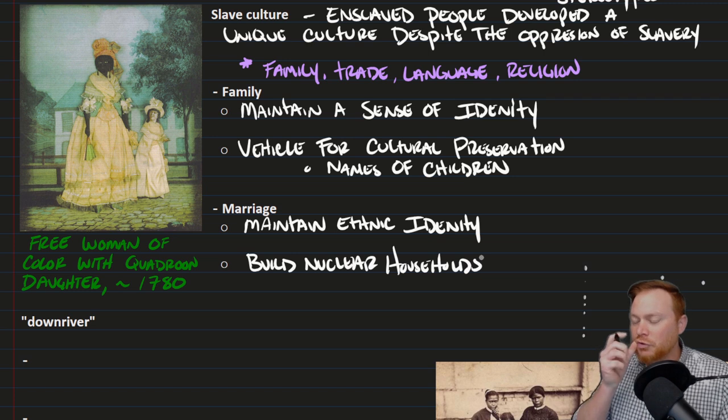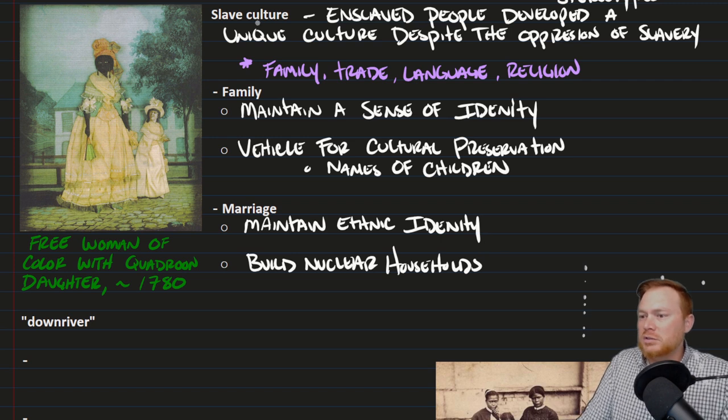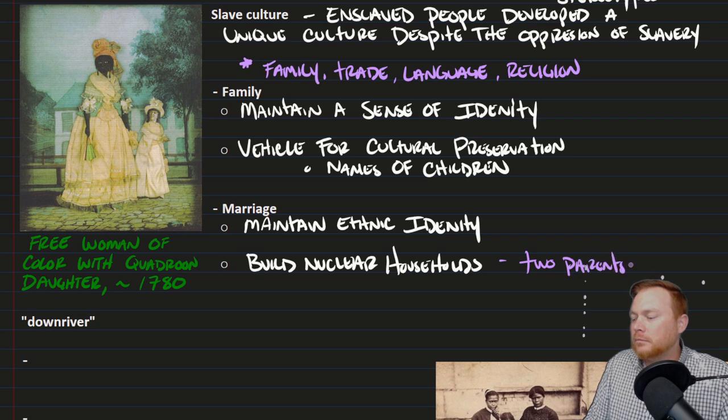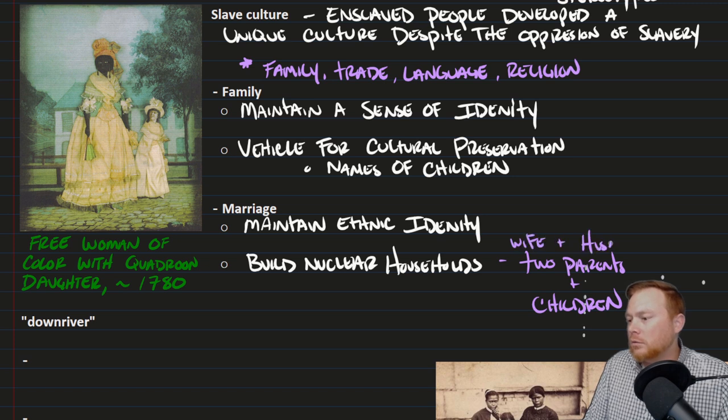Nuclear essentially means two parents plus children, more specifically a wife, husband, and children. A polygamous marriage or an extended family, with grandma, grandpa, cousins, would not be considered nuclear.